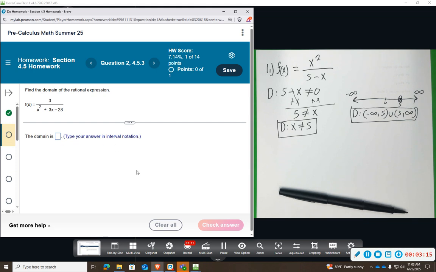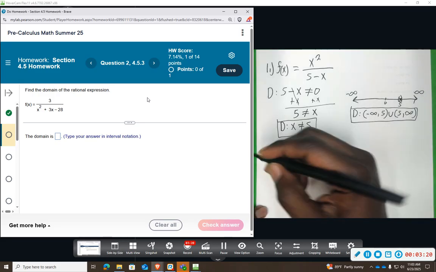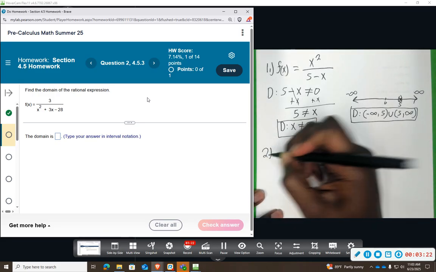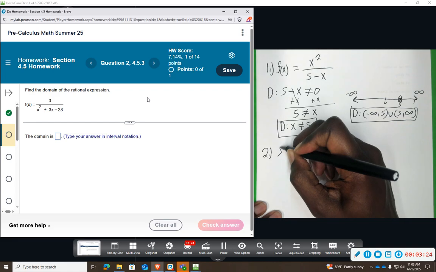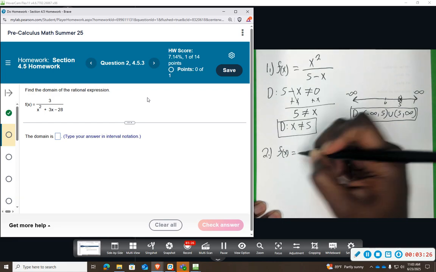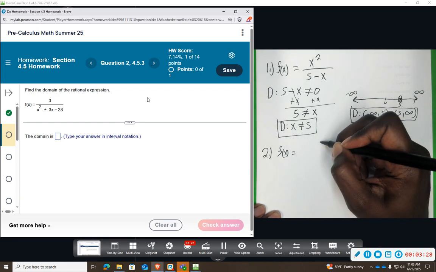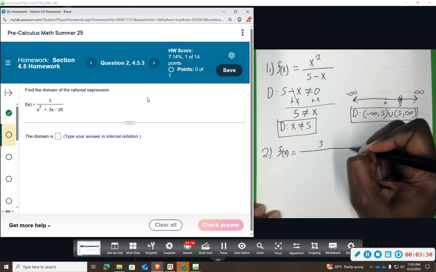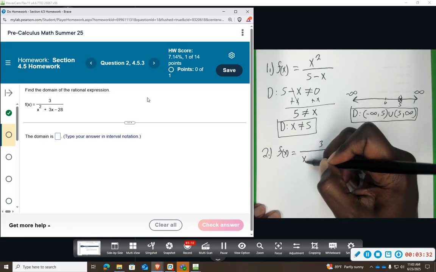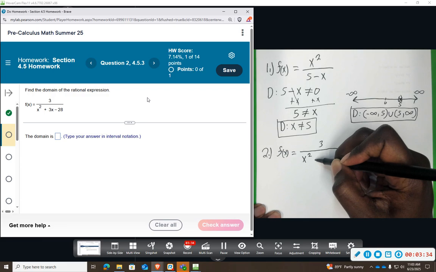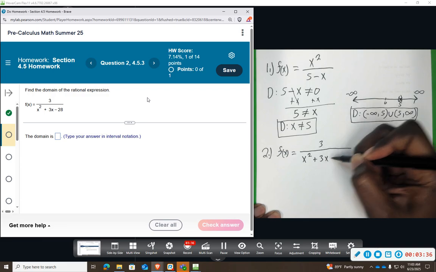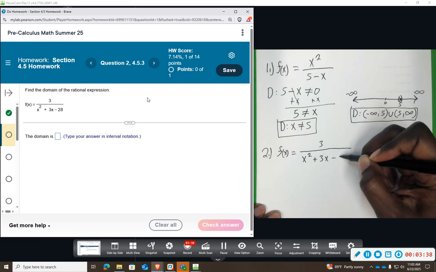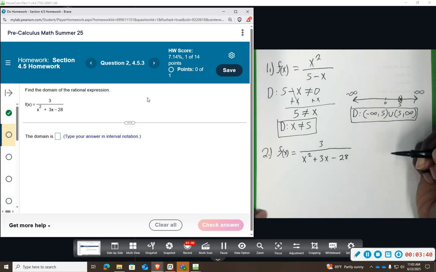Number 2, same thing. We're going to find the domain. This time it looks like we need to factor. So we have a function of f. We have x squared minus 28.